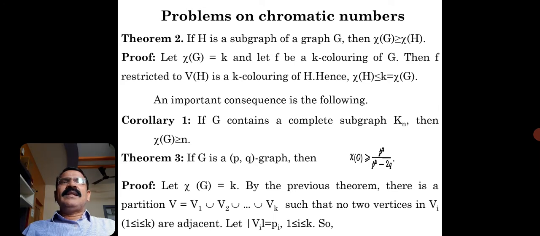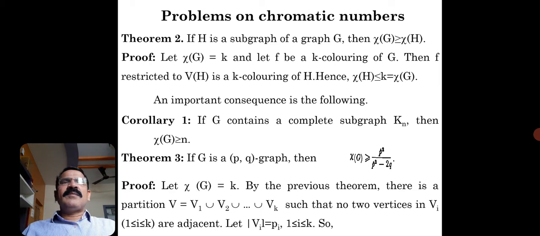If G contains a complete subgraph Kn, so if any graph contains a complete subgraph Kn, then the chromatic number of that graph is always greater than or equal to n. For example, if you consider a graph G, and in that there is a complete graph K3 as a subgraph, then the chromatic number of that graph is always greater than or equal to 3.